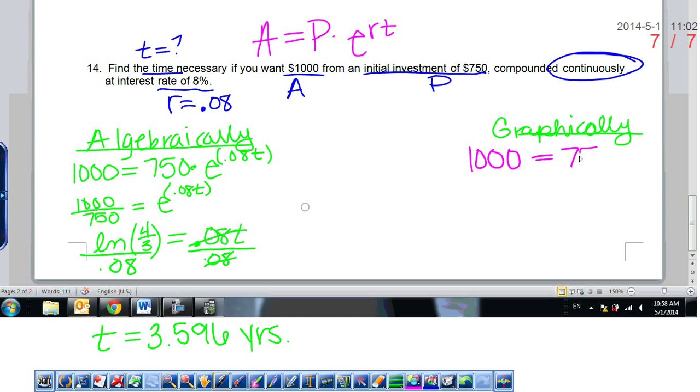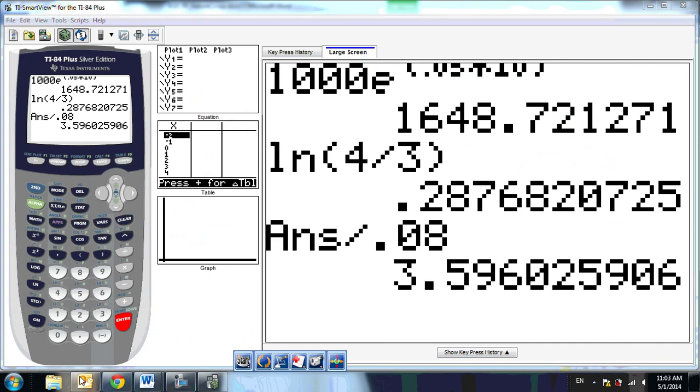Graphically, I would use 1,000 as y1, and I would use the other side as y2, and I would find the intersection point. That's not always my preferred method because I get frustrated messing with my window, but I know that some of y'all like doing that, so let's give it a try.